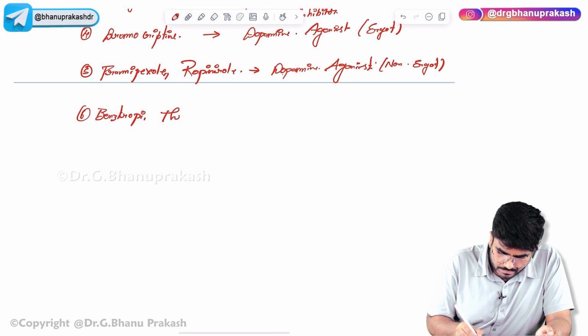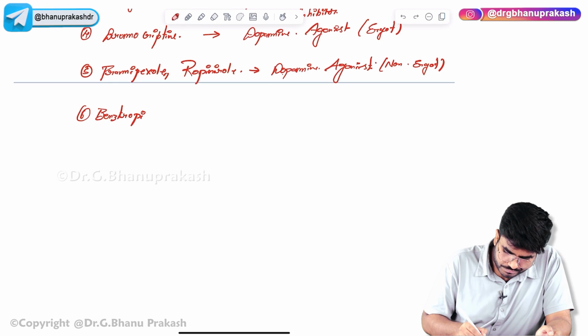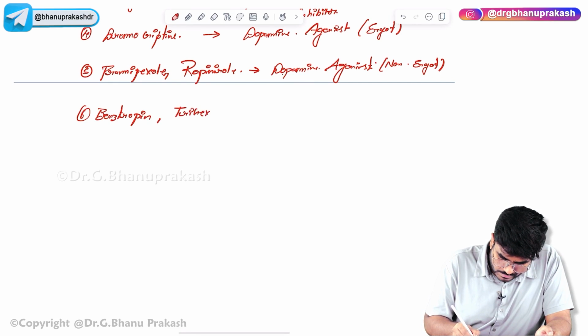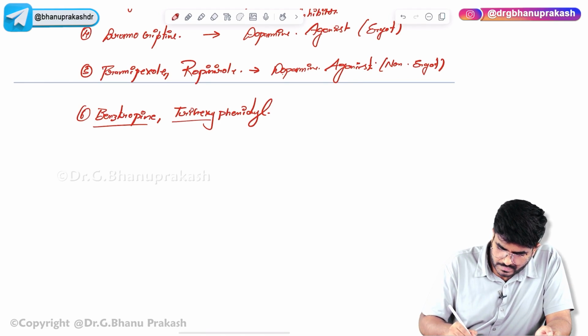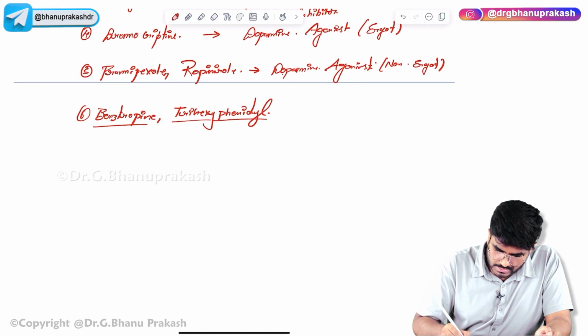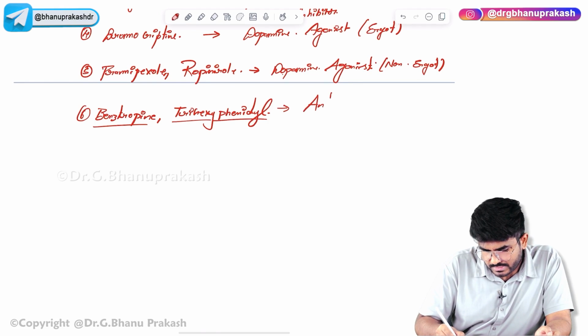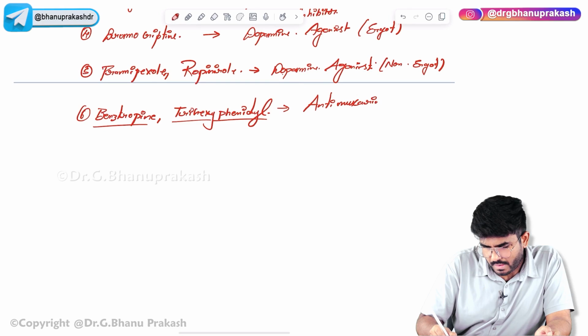Next, benztropine and trihexyphenidyl. What exactly are these drugs? They are anti-muscarinic drugs. Why are we using anti-muscarinic drugs?